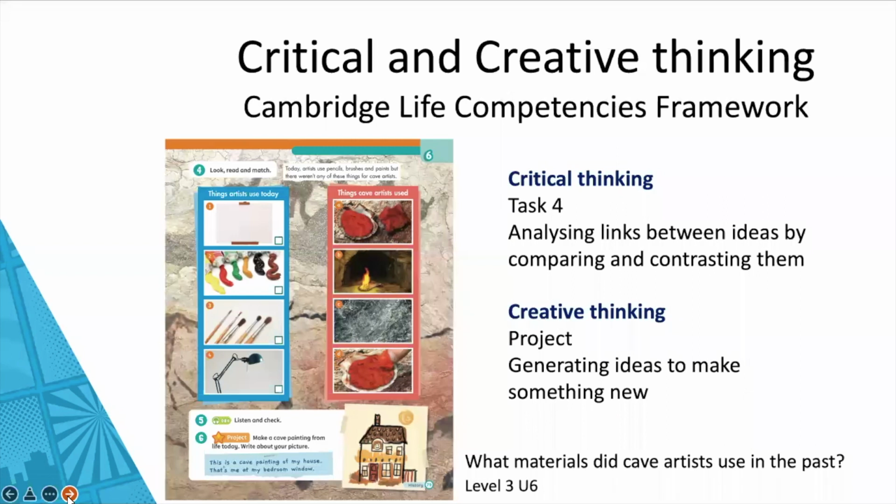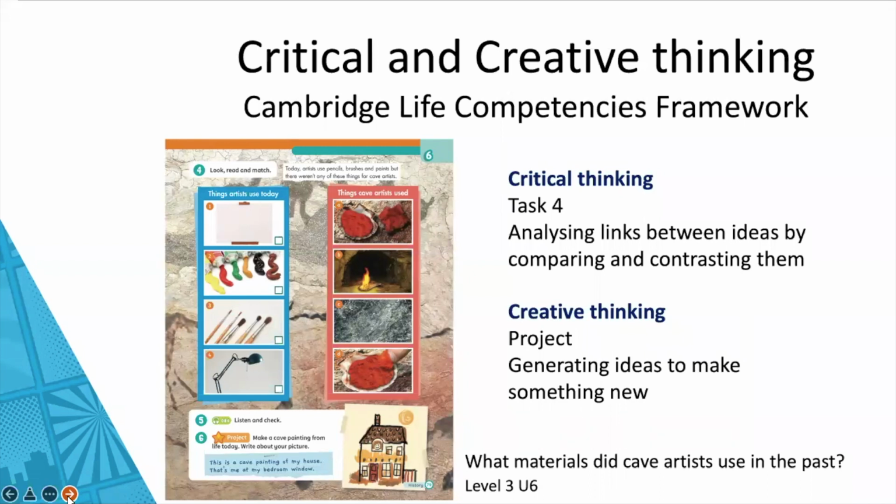The specific component of critical thinking from the Cambridge Life Competencies framework is analysing links between ideas by comparing and contrasting them. This occurs in task 4 when students compare and contrast materials used by cave artists thousands of years ago with those used by artists today.